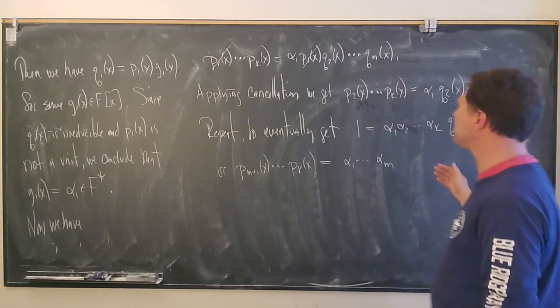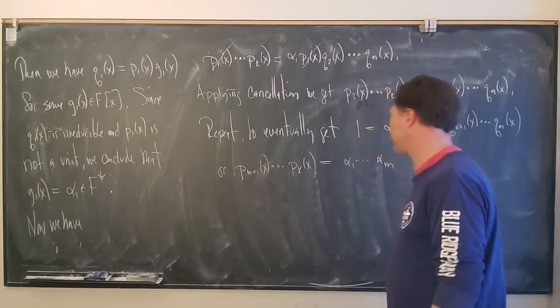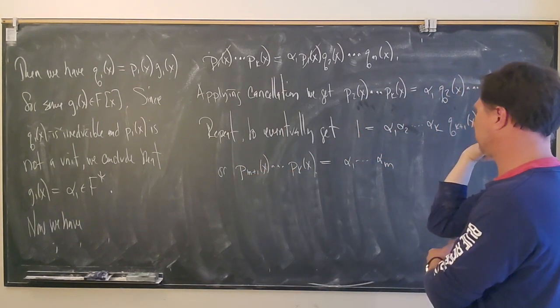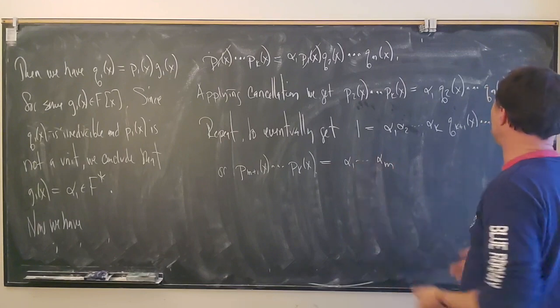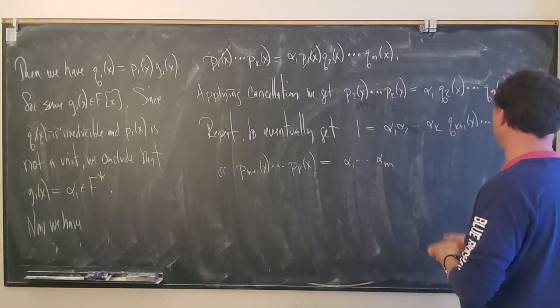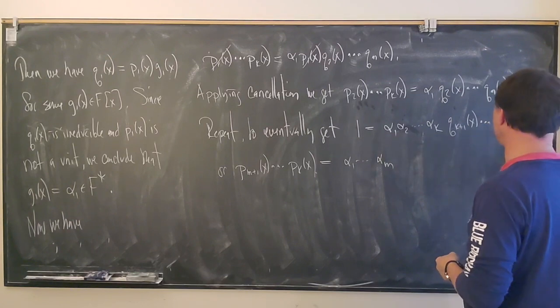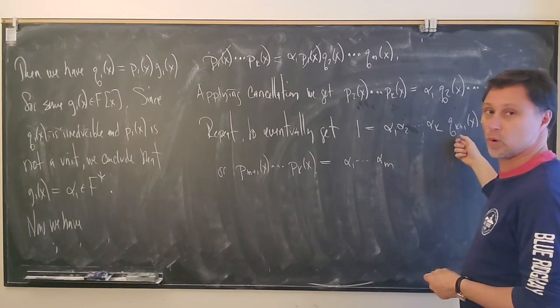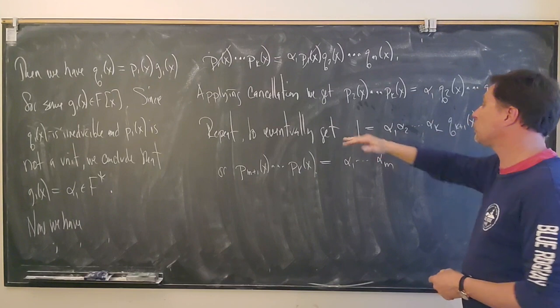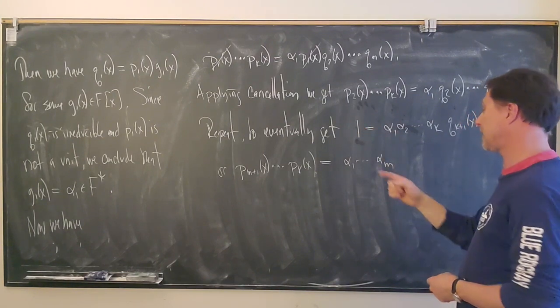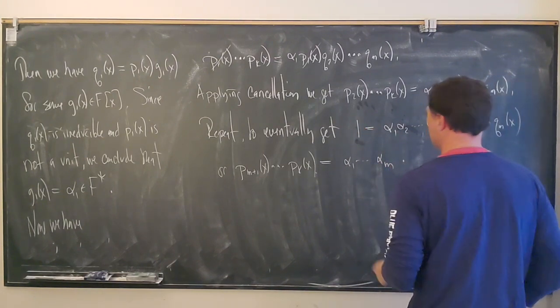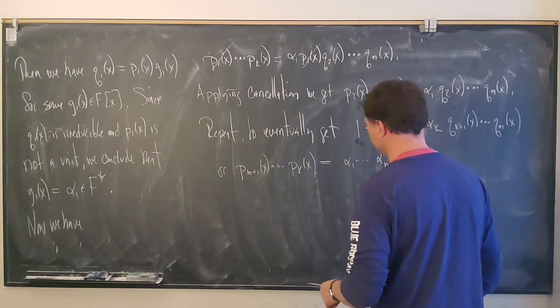And of course, I could move all the inverses over here. But either one of these is impossible, right? If m was strictly larger, then just using a degree argument, we'd have a degree greater than or equal to 1 here, equal to a degree 0 on the other side. Same thing.